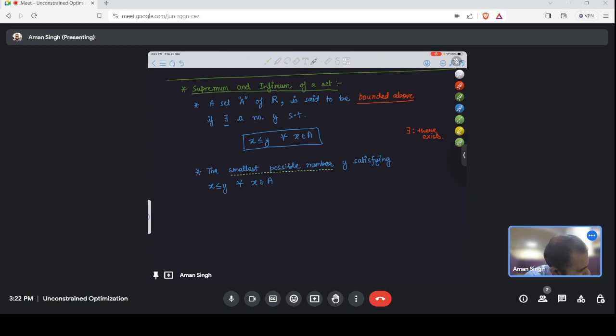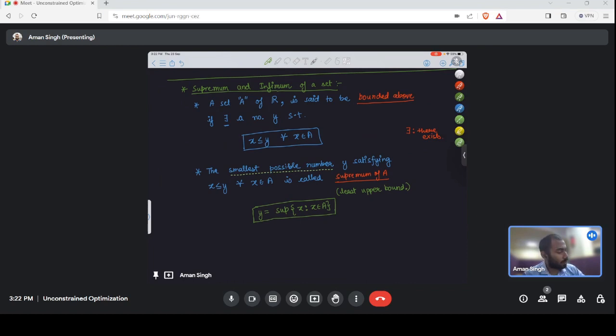The smallest possible number y satisfying this is called the supremum. So this is its definition. It's also sometimes called the least upper bound. And how is it denoted? It's denoted by y equal to sup of x such that x belongs to A.